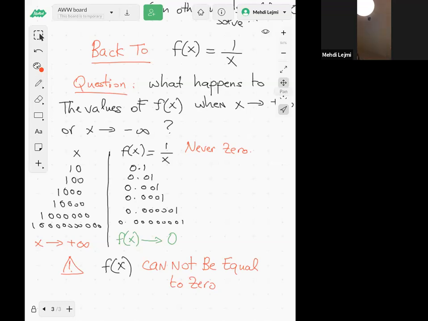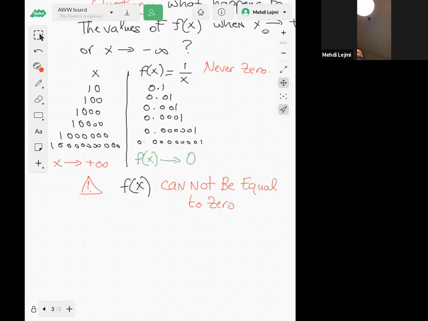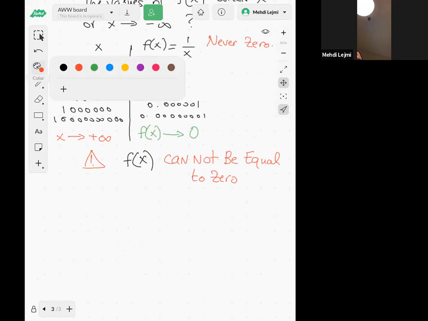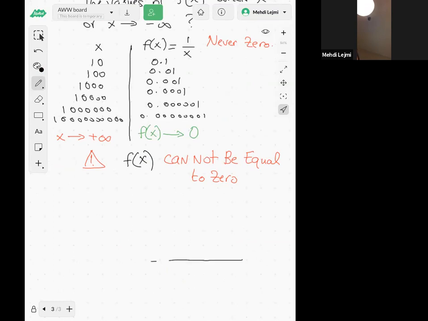So let's see in the graph, if you want to graph these points. In the graph, you're going to have something like, let's say here's 10, for example.